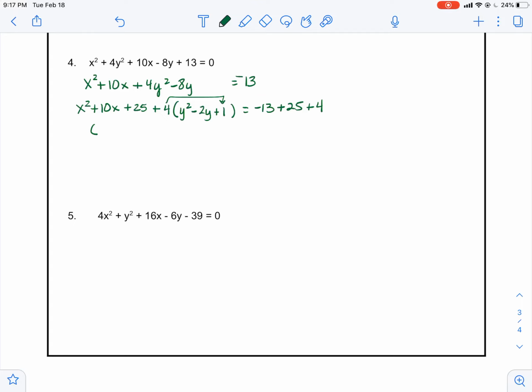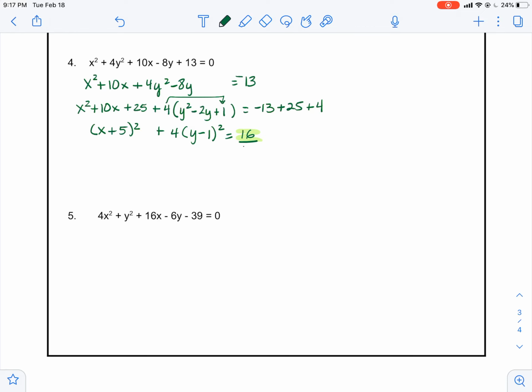When I rewrite this, I get x plus 5 squared, and then I have 4 times y minus 1 squared equals, and when I add these up, let's see, negative 9, 16, okay? Now remember, the rule is when we have an ellipse, this number is equal to 1.